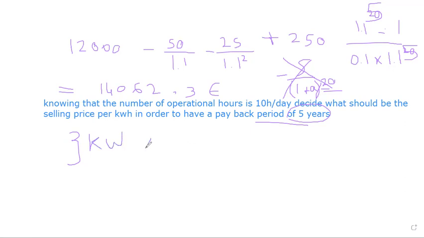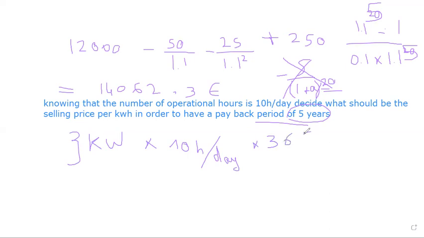And they gave us also the number of operational hours. So we multiply by the number of operational hours per day, so you have 10 hours per day. And since you want to find the production per year, you should multiply by the number of days per year. So let's say times 365.